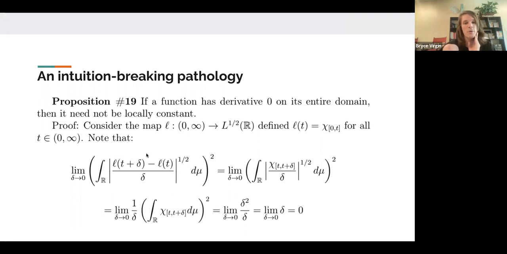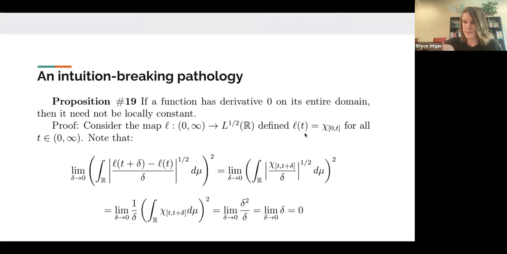If we go through the calculation, because for a characteristic function any positive power of it is going to just return that characteristic function right back, delta is going to pop right on out of here. We're going to wind up, after squaring this integral over an interval of length delta, with the limit of delta as delta goes to 0, which is 0. So this is the derivative of our curve at every single point in its domain, 0 everywhere.